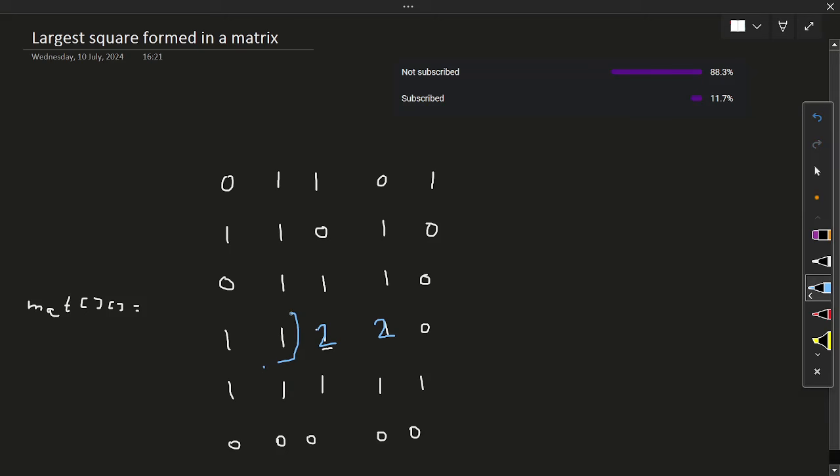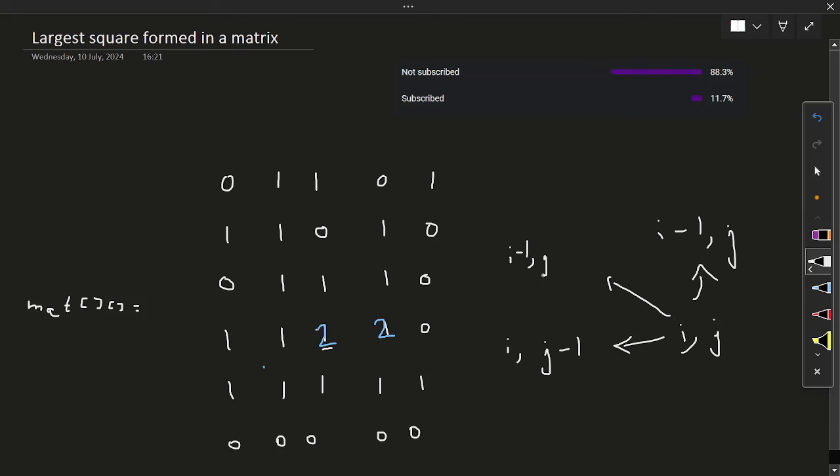Just take the minimum from the neighbor cells: from i minus 1, j, which means the upper row with i here and j here, and this cell is i, j minus 1, and this cell is i minus 1, j minus 1.